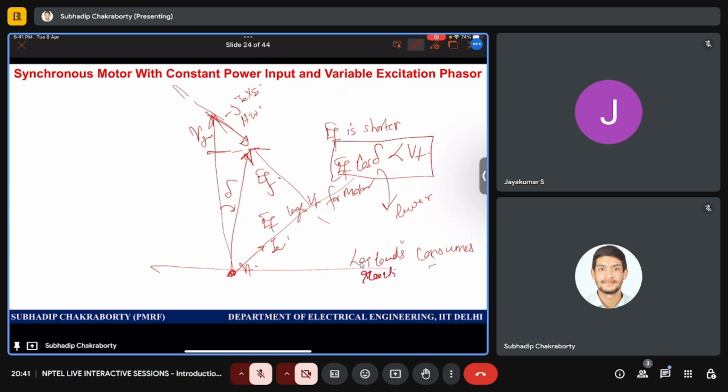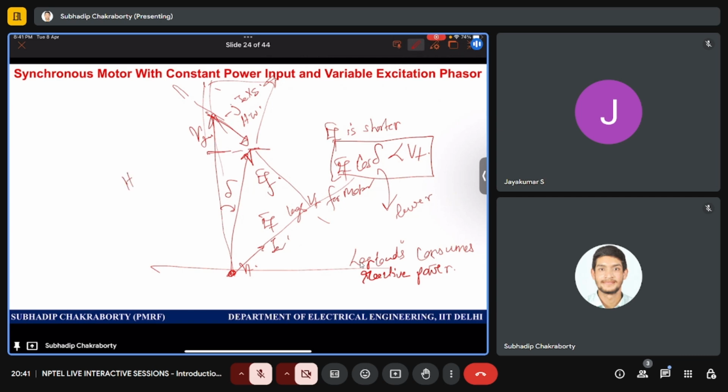consume reactive power. And if it is increasing, then we call it an overexcited scenario for leading operation, right?